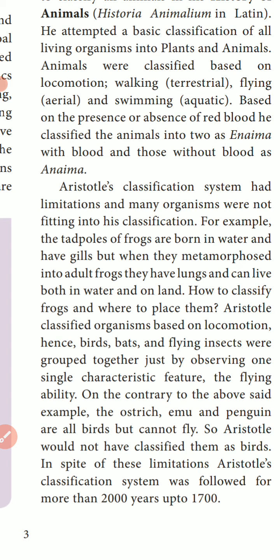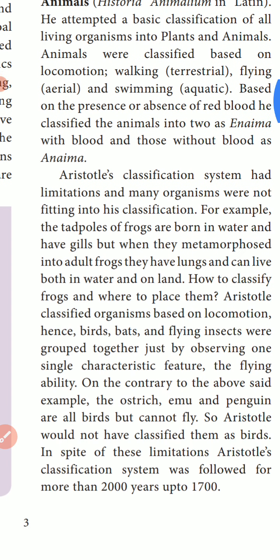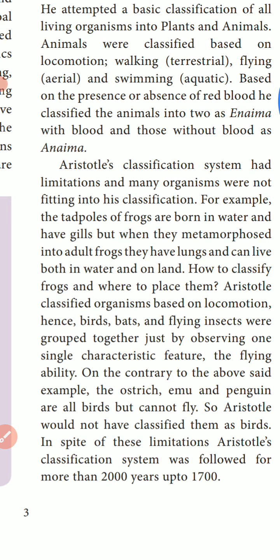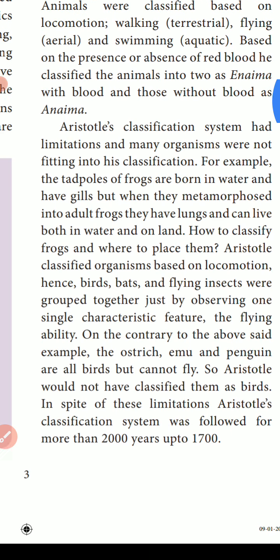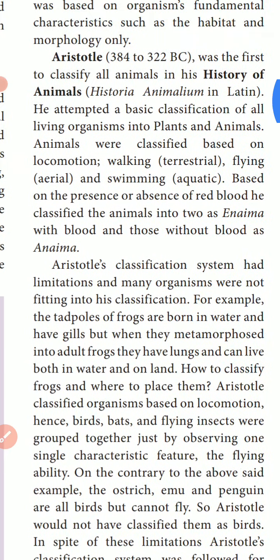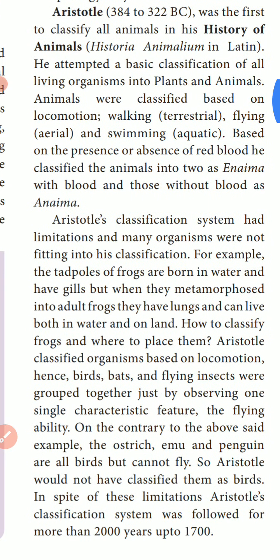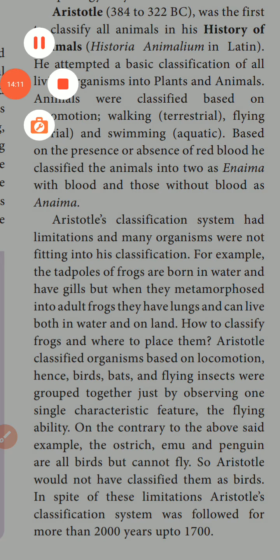The animals which have blood he called enaima, and the animals which do not have blood he called anaima. The word anemia comes from this. So these are Aristotle's classifications.